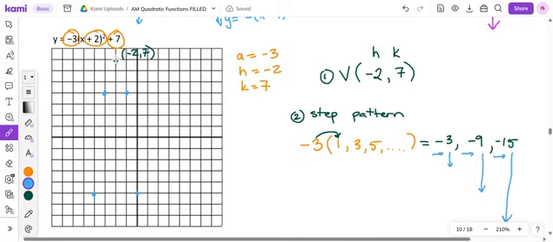And we can connect the points with as smooth a curve as we can. We can see that this parabola is narrow because we did stretch it. So we can see how that stretch makes sense mathematically because we're multiplying every y value by 3. So we're making it taller, per se.